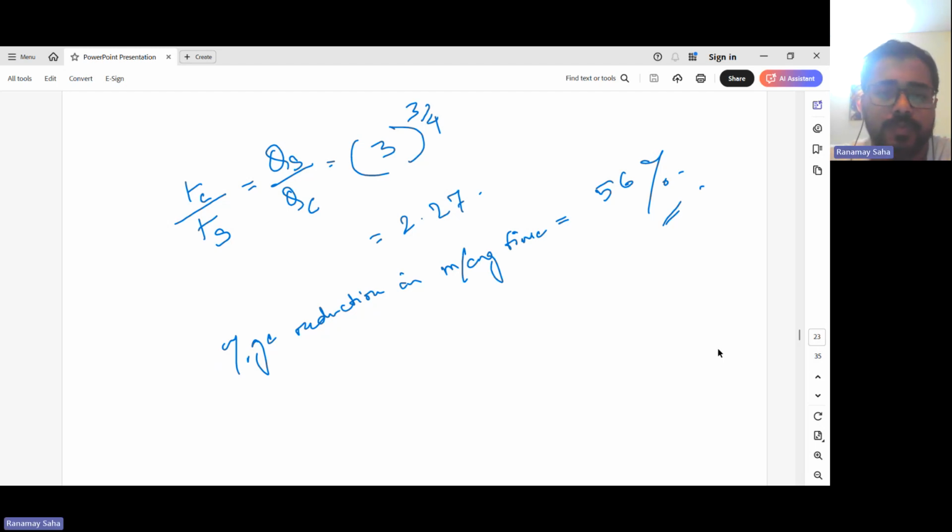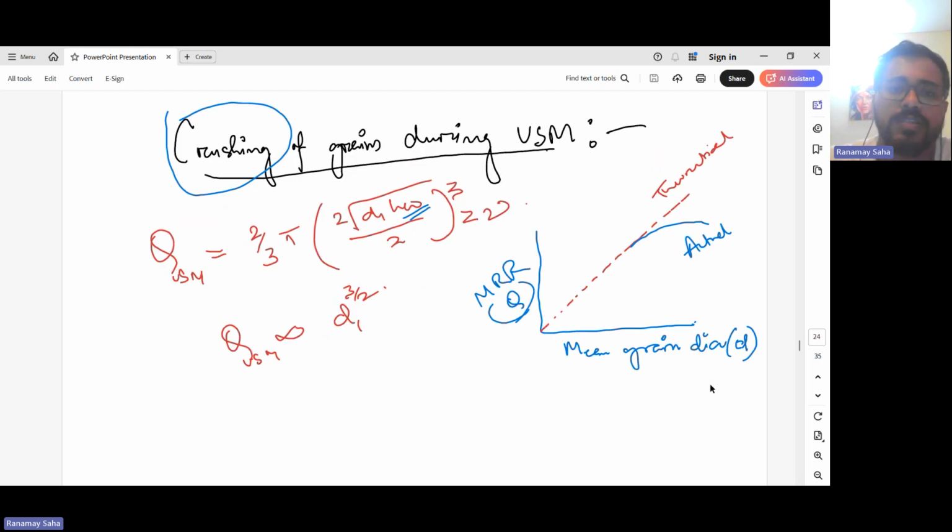Okay, so let's look at some of the concepts of the ultrasonic machining process, something called crushing of grains during ultrasonic machining.